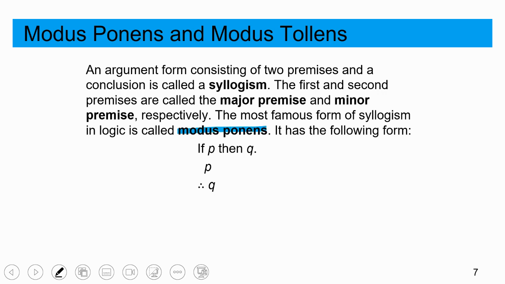This is where you have an if-then statement, and then you assert that P is true. Well, if P is true, then Q is true. So if P implies Q and P is true, then our conclusion is Q. So that's called modus ponens.